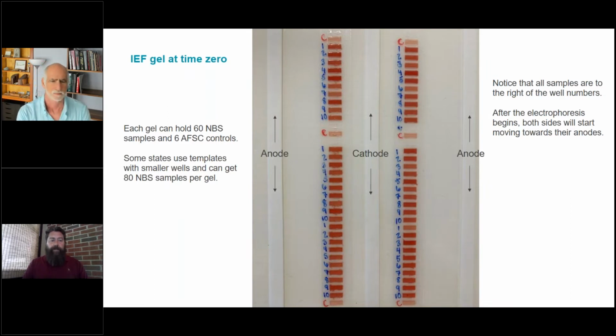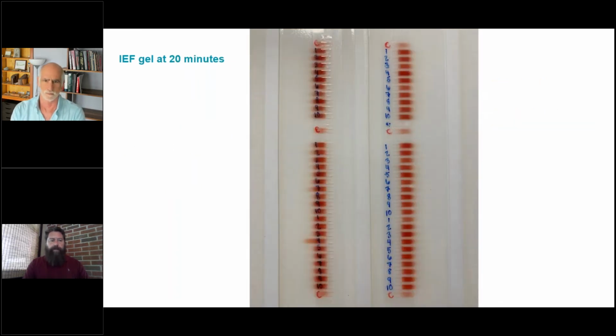Each gel can hold 60 newborn screening samples and 6 controls, although some states use smaller templates and can get as many as 80 newborns on a gel. Notice that all the samples are to the right of their well numbers. After electrophoresis begins, both sides will start moving to their anodes. So I'm going to give you a little time-lapse photo series here.